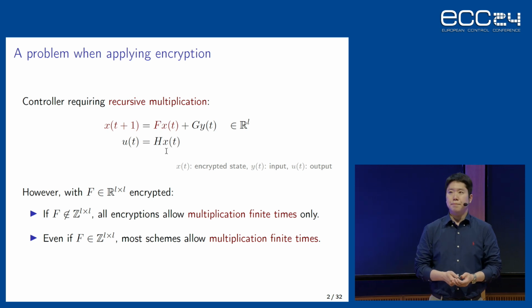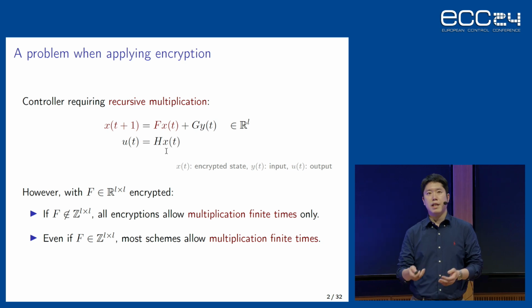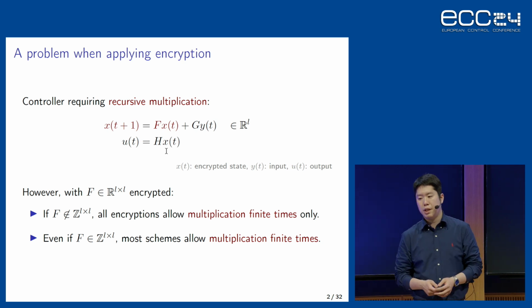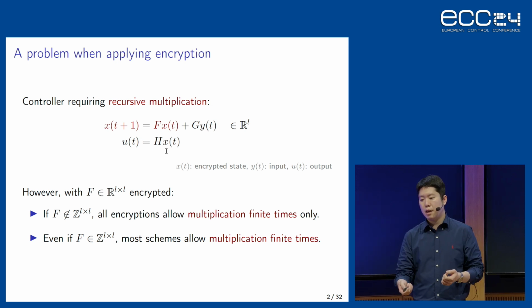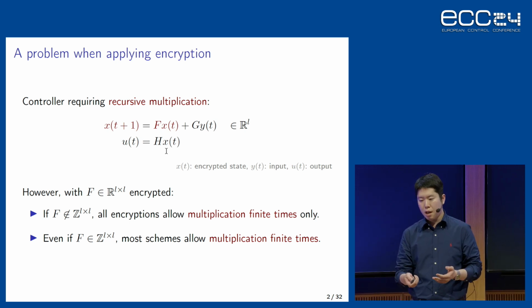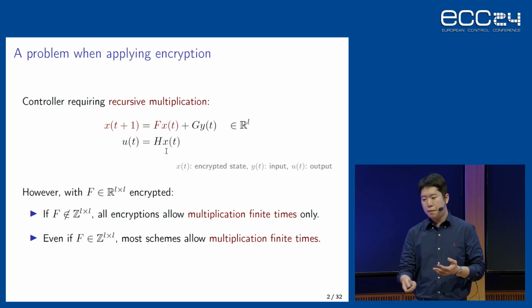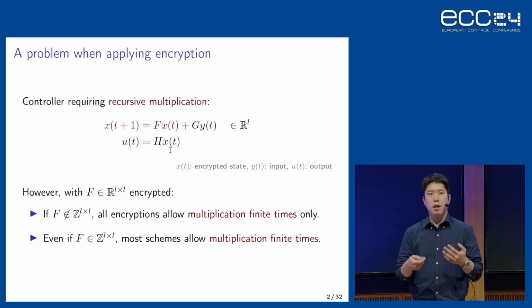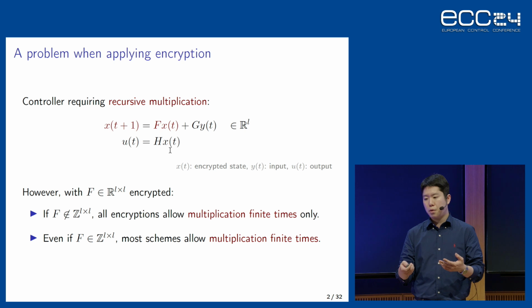Then, I would say, once the state matrix is encrypted, the problem is twofold. With current crypto system techniques, if the state matrix consists of non-integers, then currently all encryption schemes allow only a finite number of multiplications.